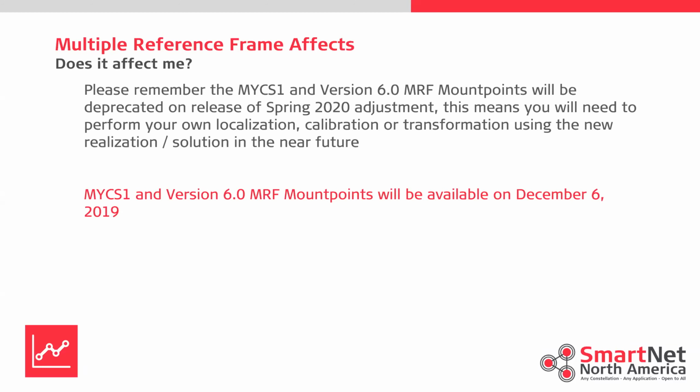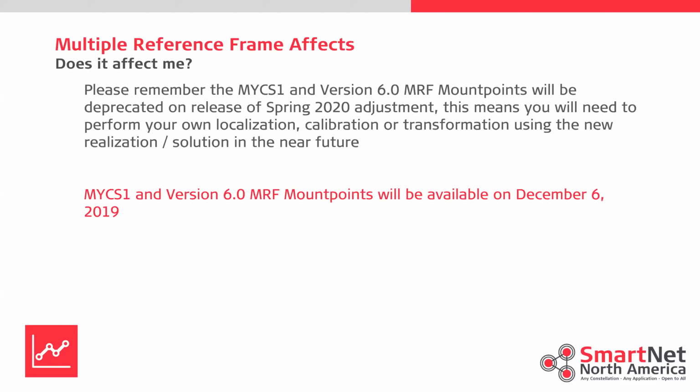Again, MRF mount points are available as of December 6th, but they will be deprecated during the spring adjustment for both NYCS1 and version 6. So that's, again, around May. So in the intervening time, you do need to perform your own localization calibration using the new realization or solution to on-the-ground control, should you need to be able to carry NYCS1 or version 6 solutions further ahead than May.